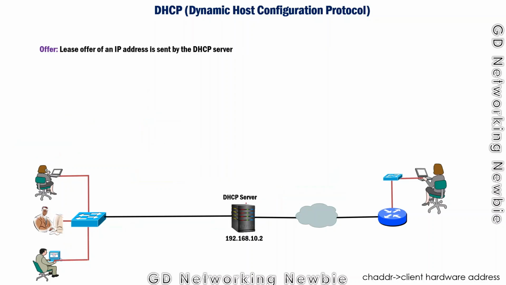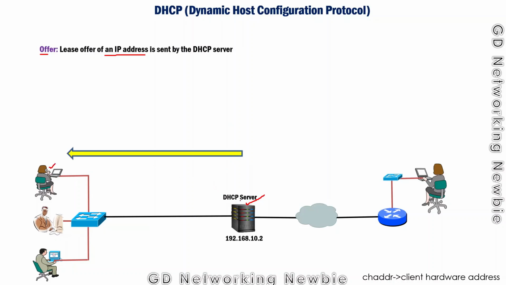Now once the DHCP server has received a request for an IP address, the DHCP server can send an offer message back to the client. So a lease offer for an IP address is sent by the DHCP server to the client.